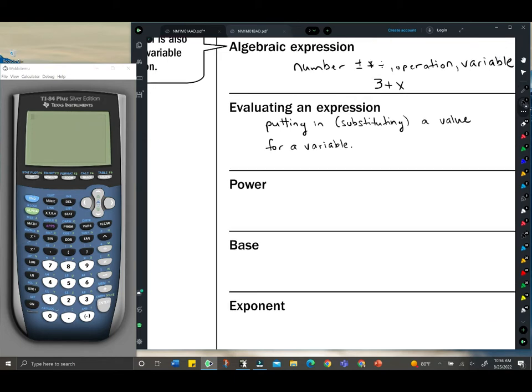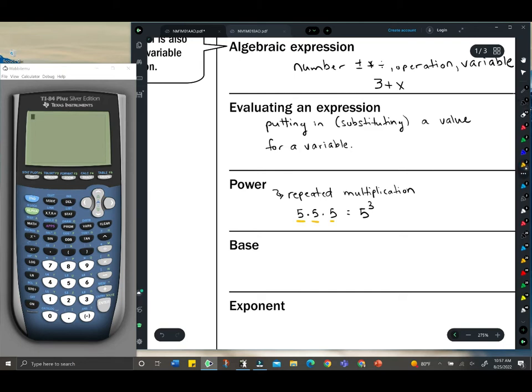A power, basically, is repeated multiplication. For example, 5 times 5 times 5 is the same thing as 5 to the third power because there are 3 of them.